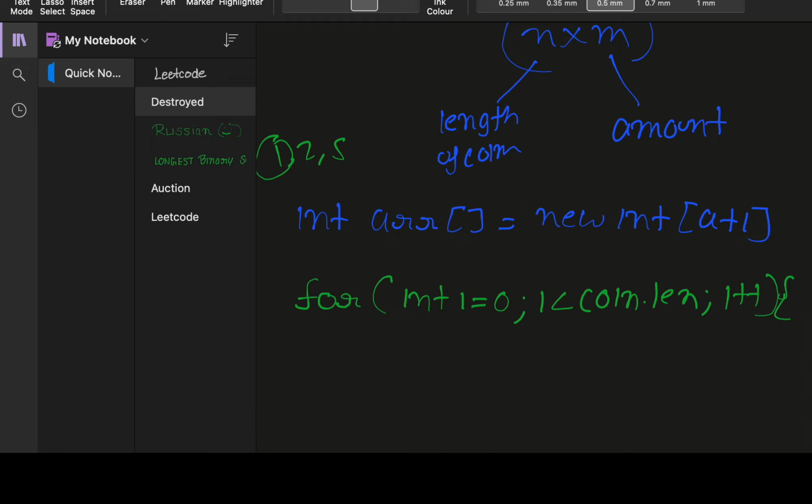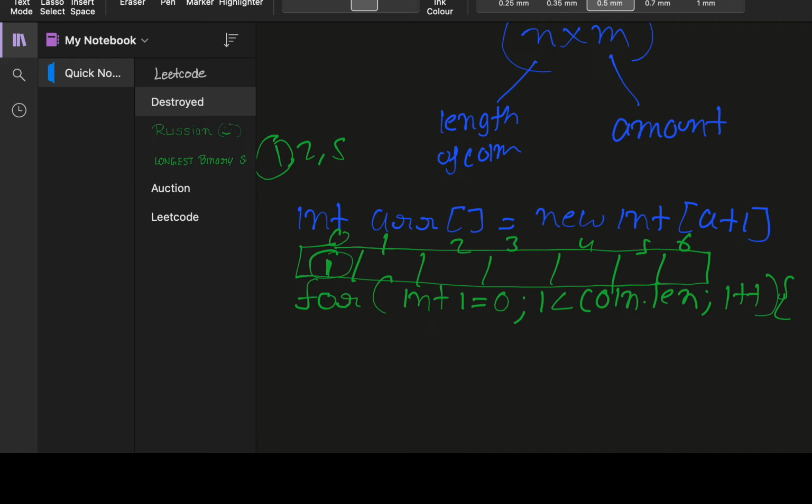And we make the array of this size, 0, 1, 2, 3, 4, 5, 6, and by default you have to give 1 here. It is our base case.